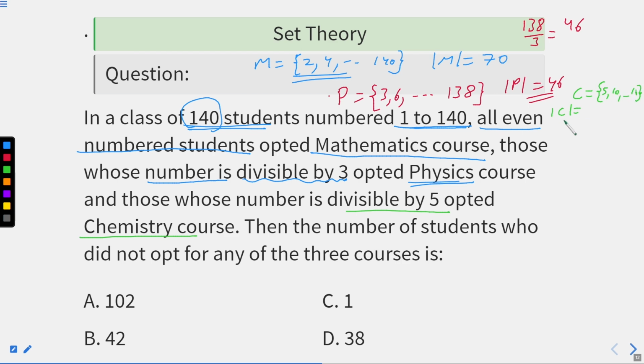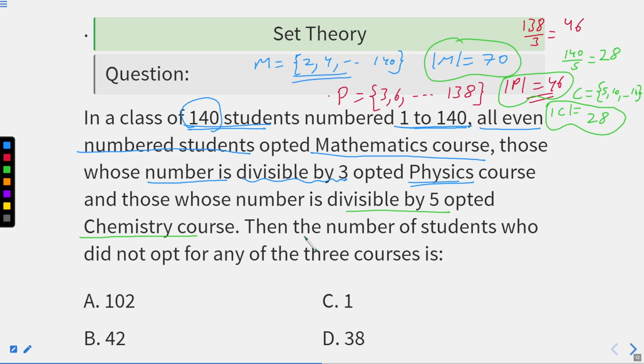If you divide 140 by 5, the cardinality is 28. Simple. We now know the cardinality for the number of students who opted for the mathematics course, the physics course, and the chemistry course.